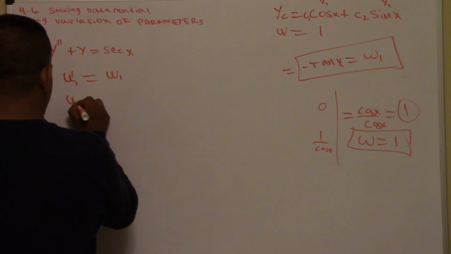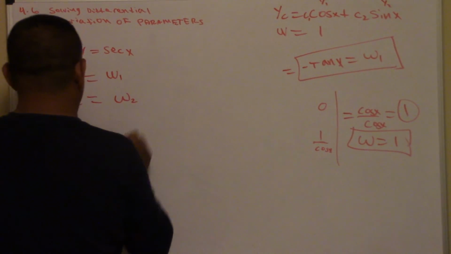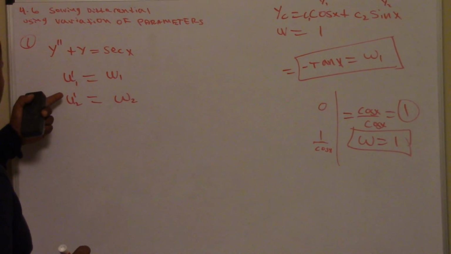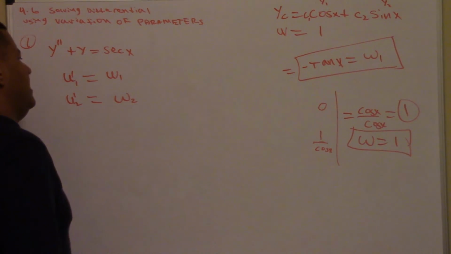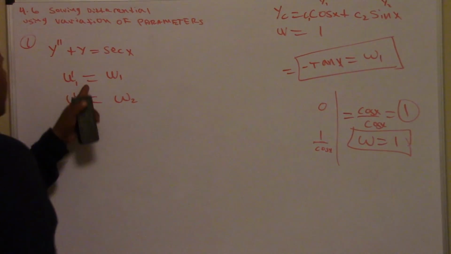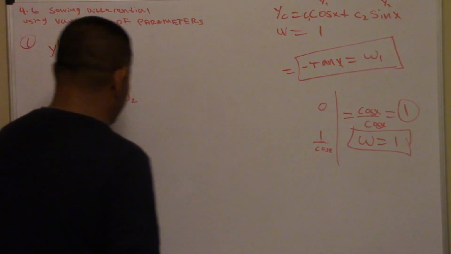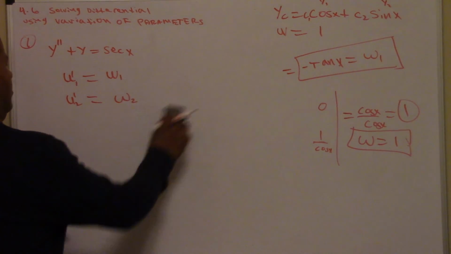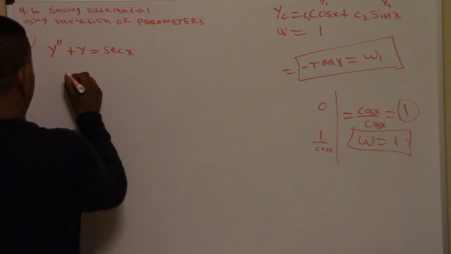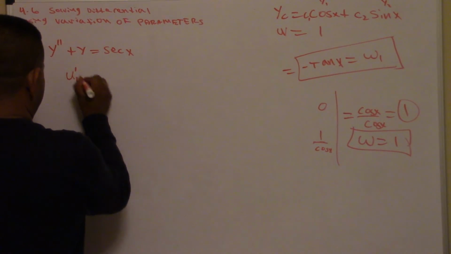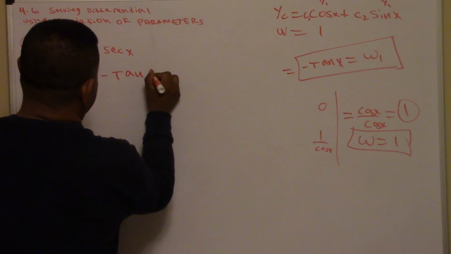And U2 prime is equal to W2, right? Now, I'm going to integrate W1 and W2, right? So let's say that U1 prime is equal to negative tangent of x, right?